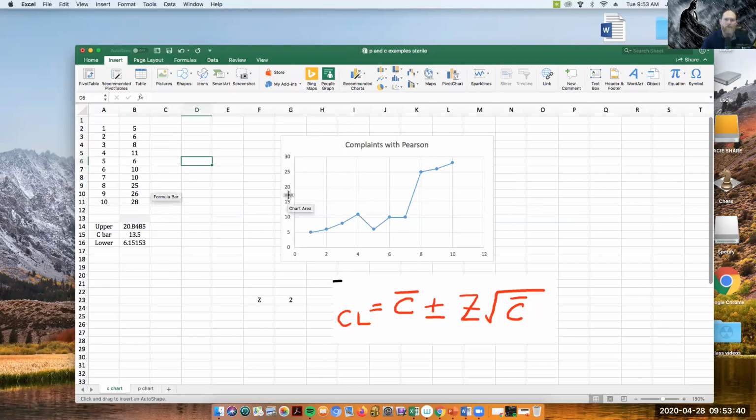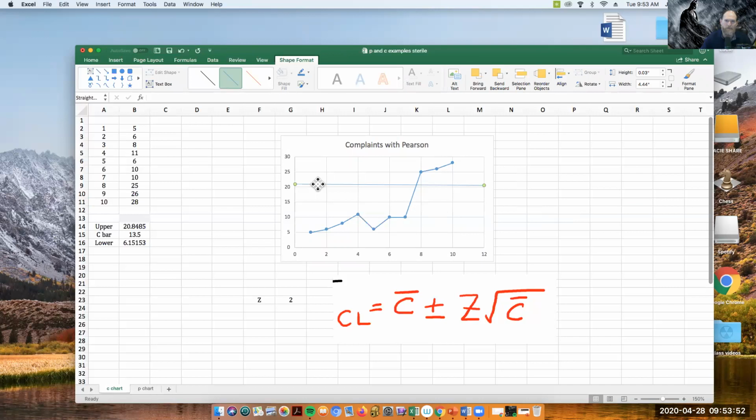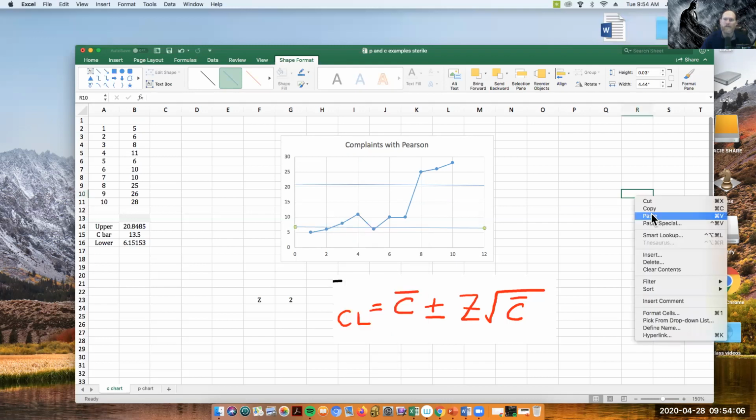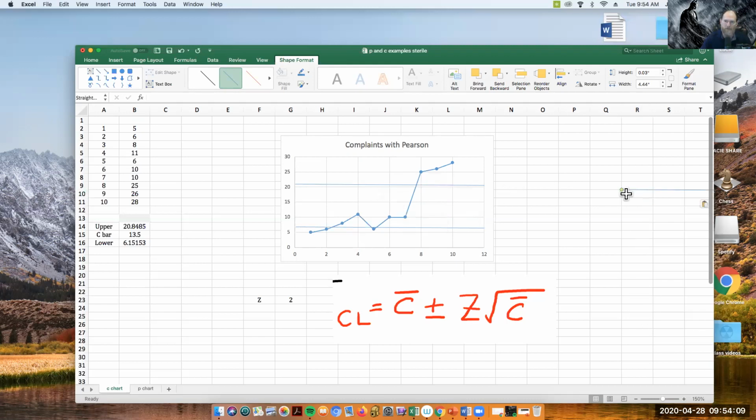My upper's at 20.8, so roughly about there. And 6.15 is my lower. And my middle, my C, is 13.5. About right there.